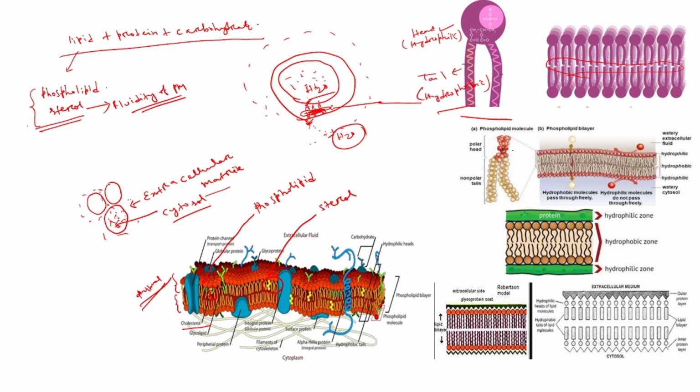So that's why in the middle, the hydrophobic tail part is present. So this is the phospholipid. This is the sterol, which helps in the fluidity of the plasma membrane.